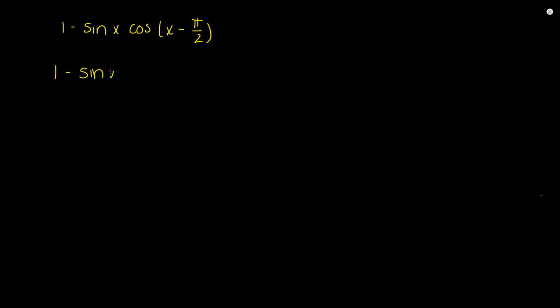So sine of x cosine, if I factor out a negative 1, then I'm left with pi over 2 minus x. And what's the goal here? The goal is we're slowly going to work towards the cosine of pi over 2 minus x, which equals sine of x. So this is our goal for this piece right here.